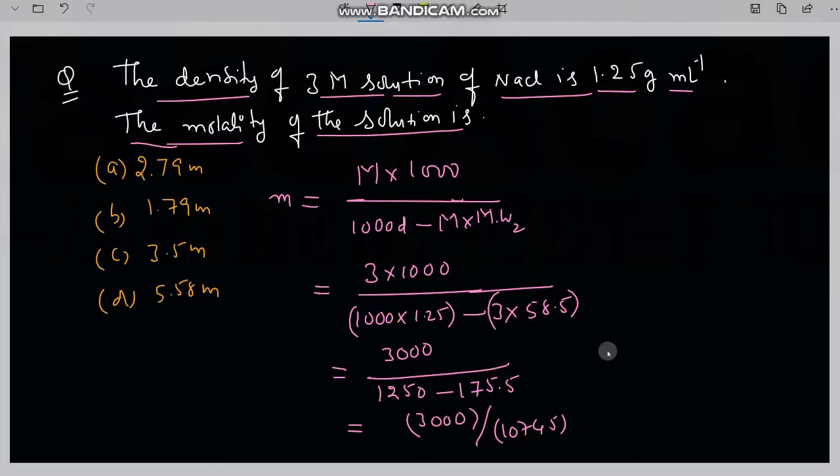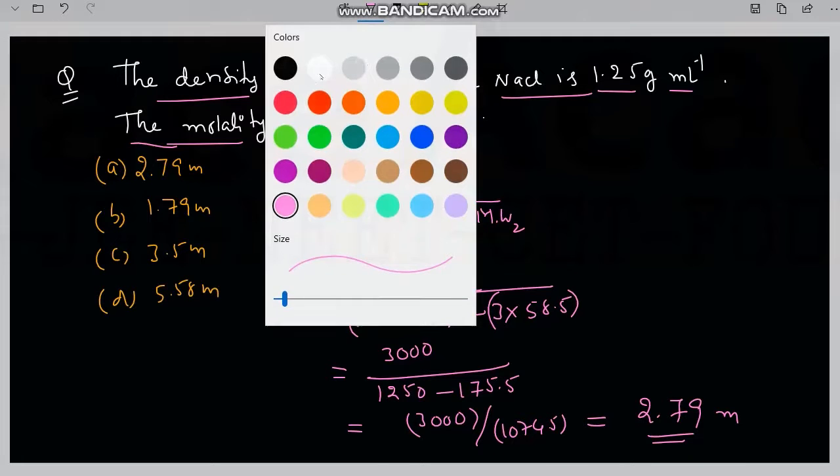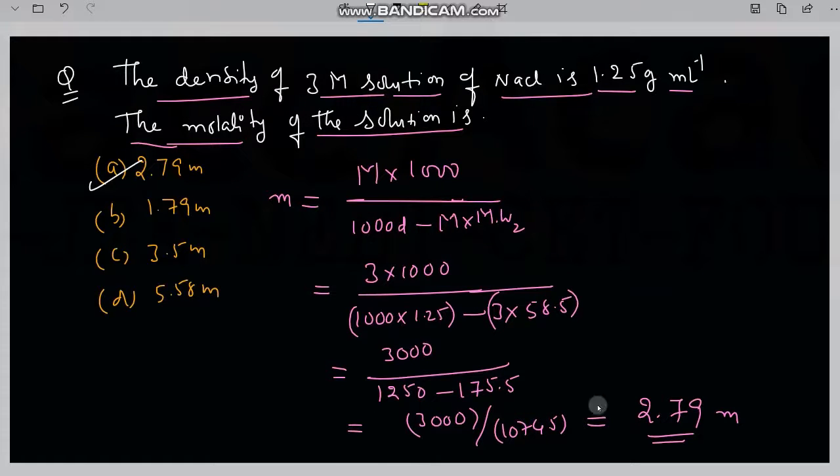Now you can check the calculation, that is 3000 divided by 1074.5. You'll get 2.7919. That is the molality of the solution. So the answer for this question is the first option.